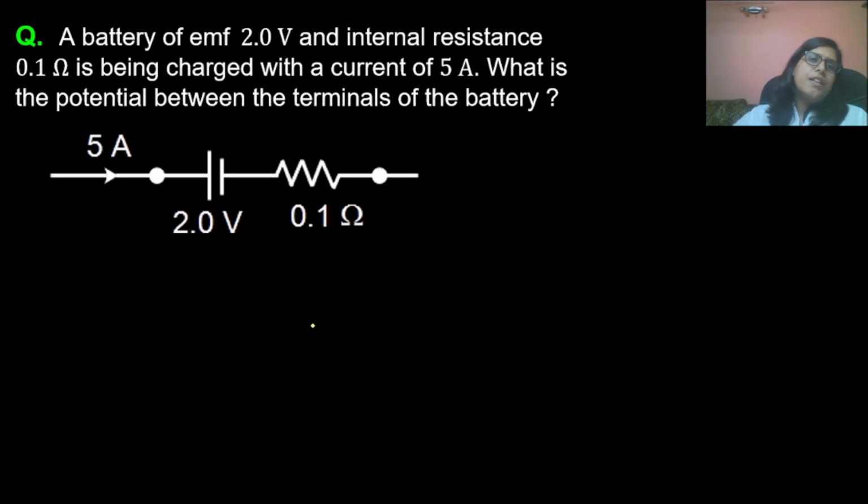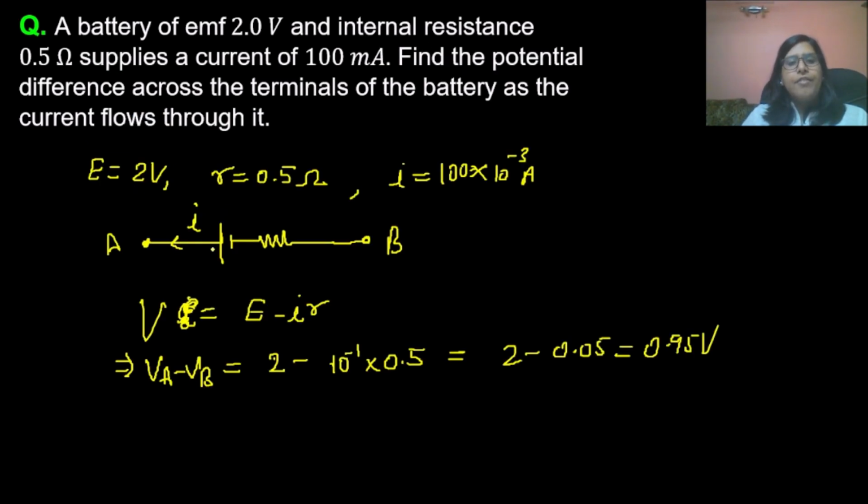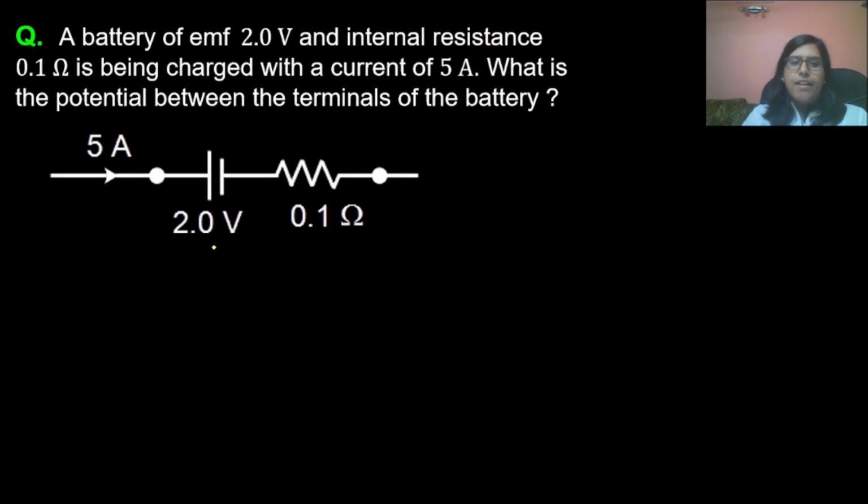Now in the previous question we were withdrawing current from this cell. In this question, current is being given to the cell: a battery of EMF 2 volt is given, resistance is 0.1 ohm, and a 5 ampere current is charging this cell.